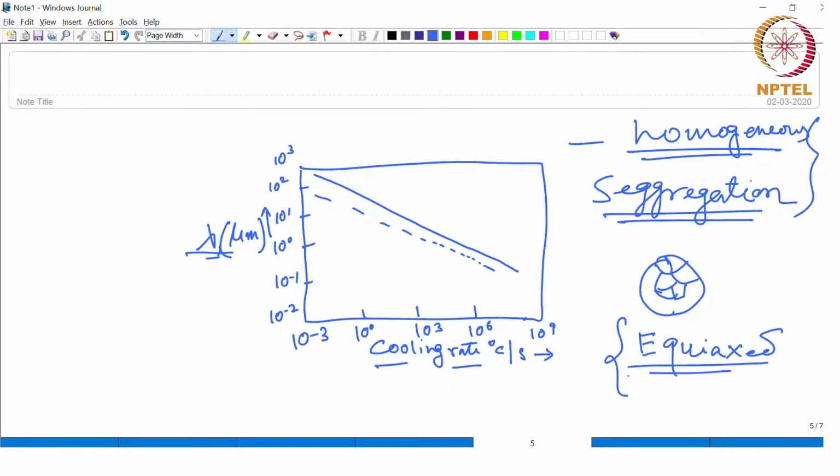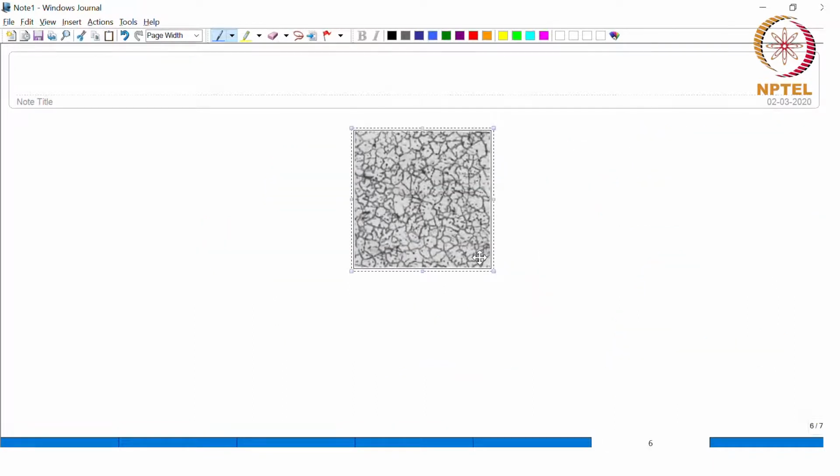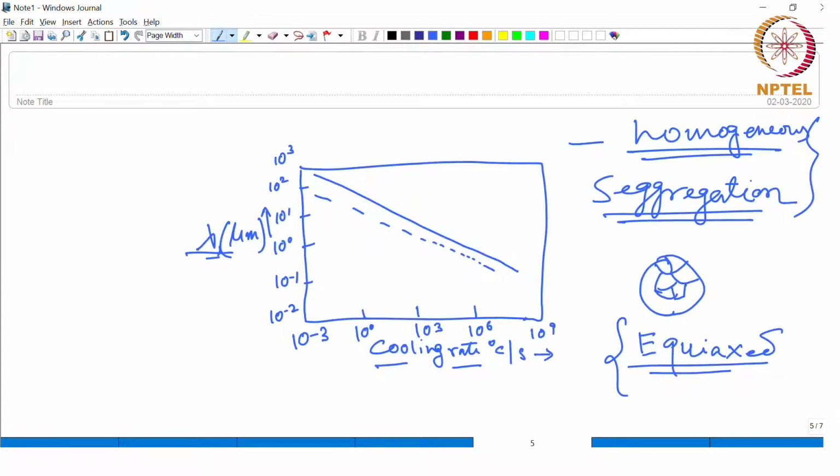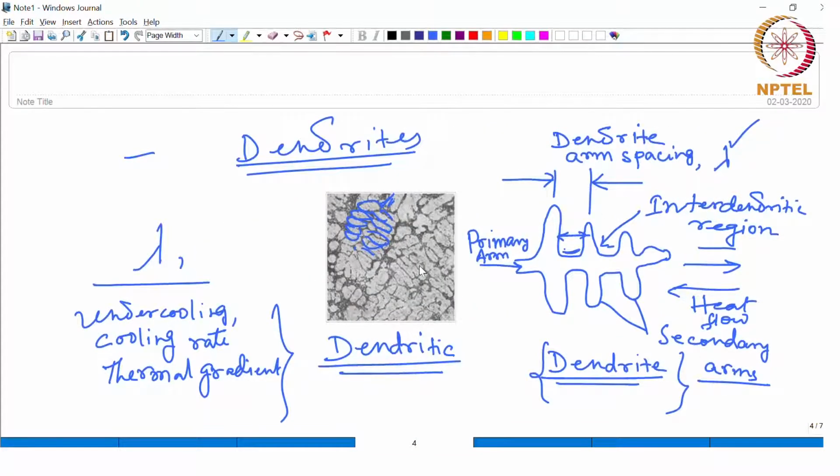So, let me show you an example of an equiaxed microstructure. Right now, you compare this with the microstructure that you have here in this case.